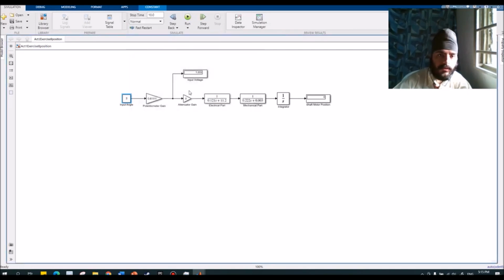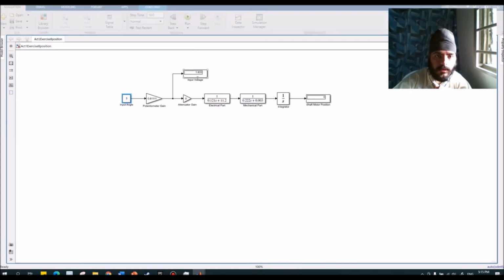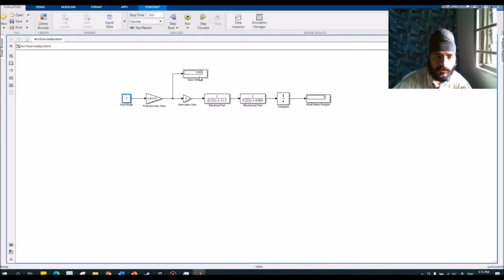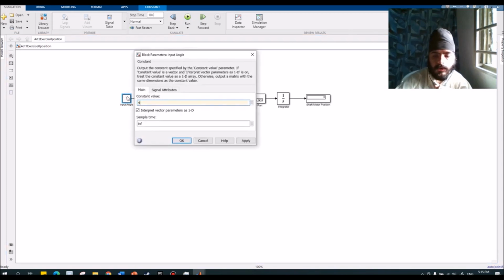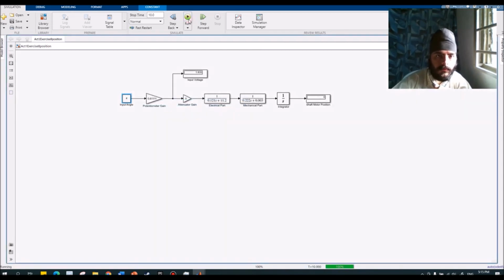Alright, so for 2 it was 1.222. For input angle 3 it is 1.833. Continuing to 4, input angle 4 is 2.414. Input angle 5 is 3.056. Input angle 6, you'll be getting 3.667.